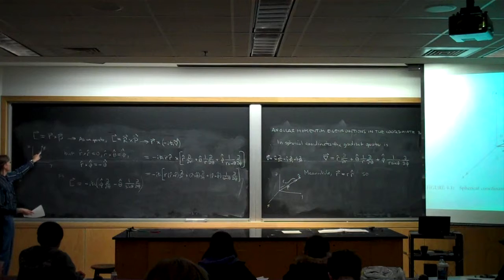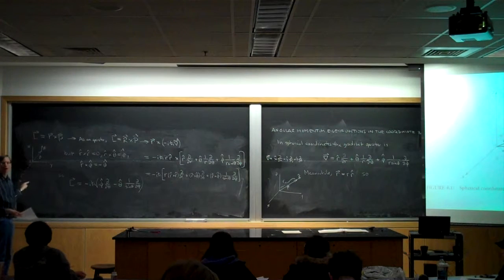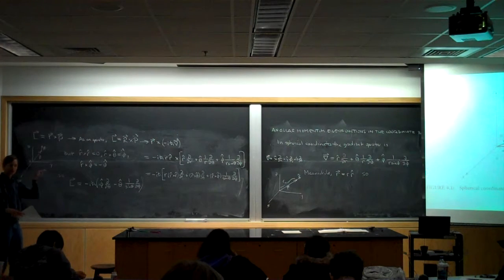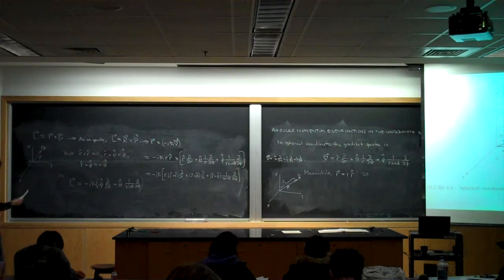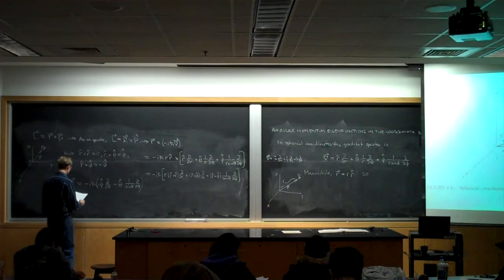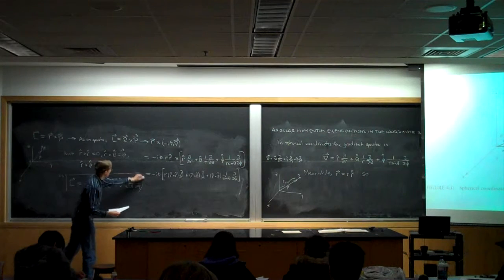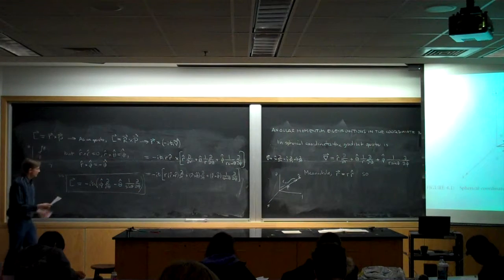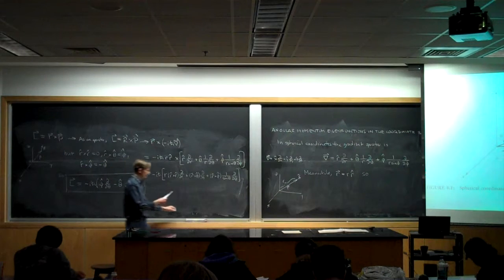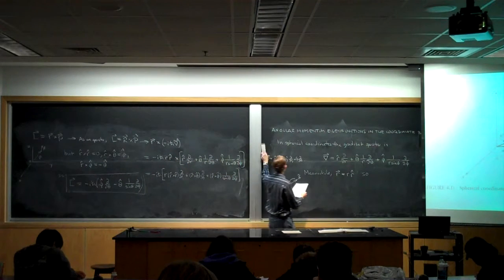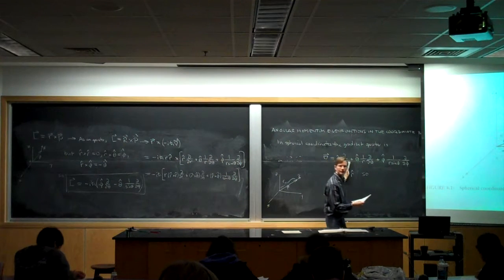All that matters is the component of p perpendicular to r, and so therefore it only involves the angular variables. So let's draw a preliminary box around that so that we'll note that. Okay, any questions?